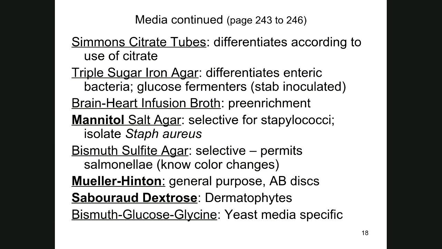You will be utilizing that for an antibiotic sensitivity disc test, Mueller-Hinton. And Sabouraud dextrose, that is the type of media that is inside of a DTM tube for growing dermatophytes. And the last one is your yeast media.